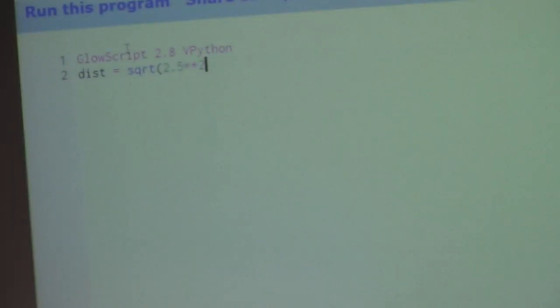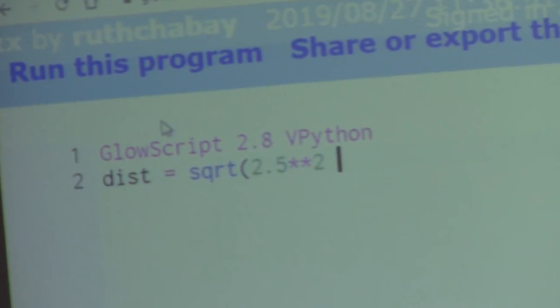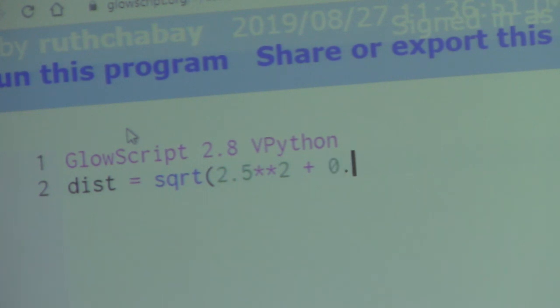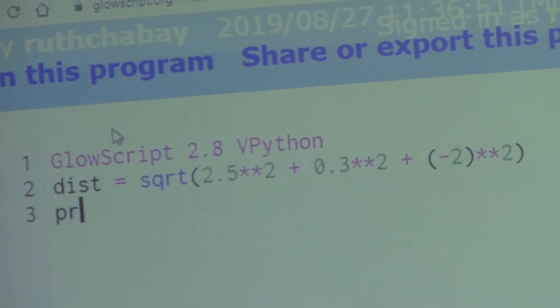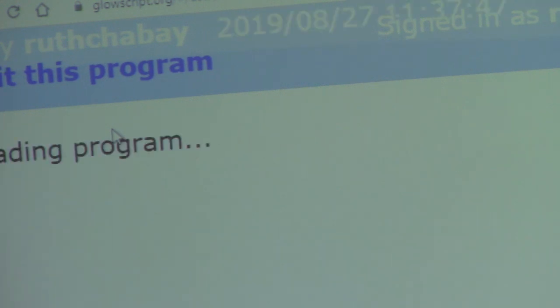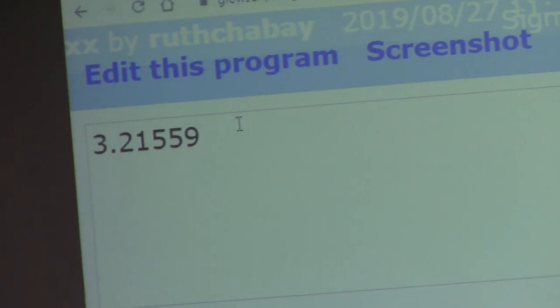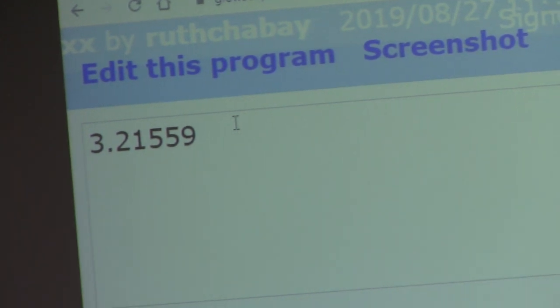The only thing that's really different is that we use 2 asterisks to square it. So we want the square root of 2.5 squared plus 0.3 squared plus minus 2 squared. Okay, so it's about 3.21 meters.